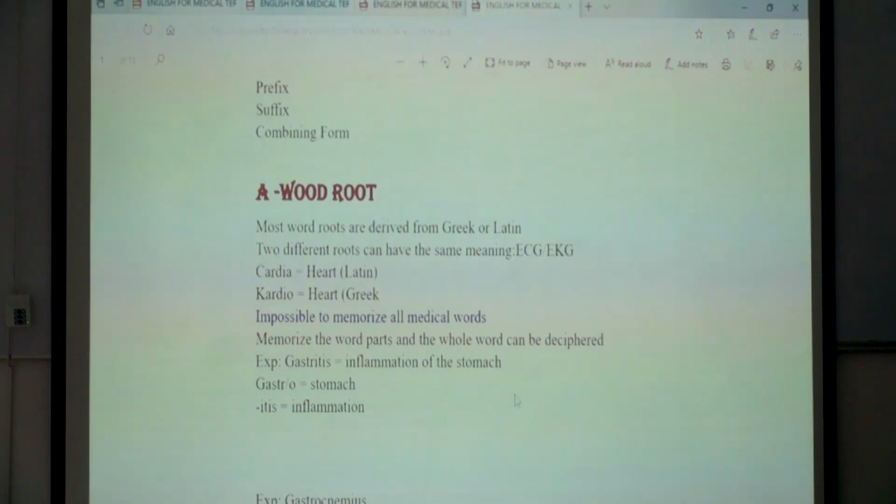So all these samples are called decodable terms.